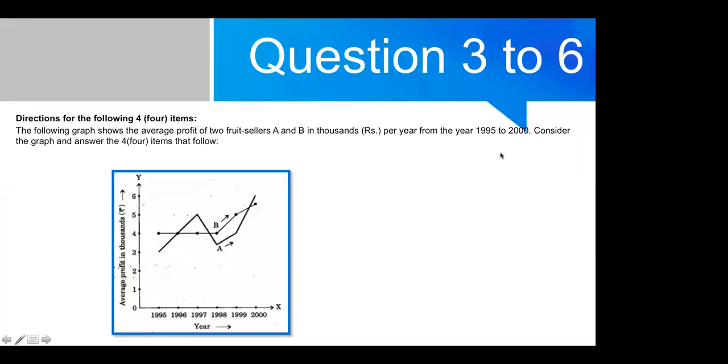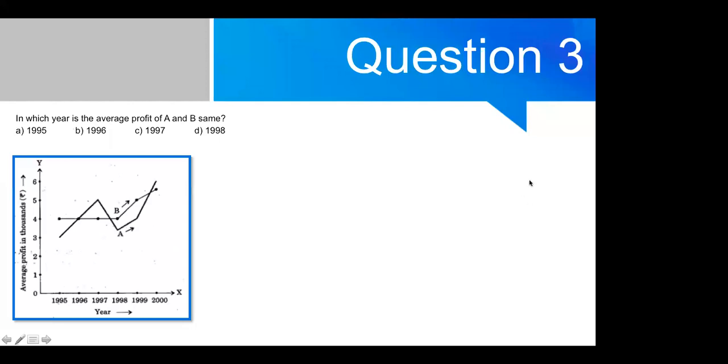The average profit of two fruit sellers A and B. Answer this question. Question number 3: which year are the averages of A and B the same?